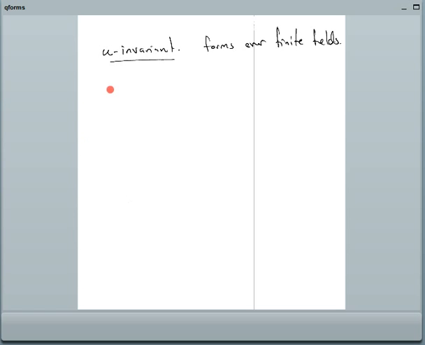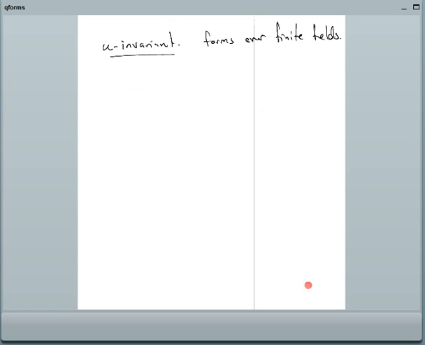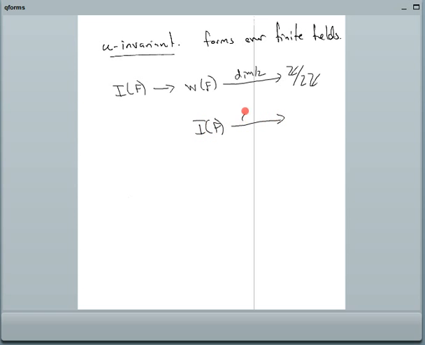So, taken together, what's the structure of what we have so far? You have this map, W of F goes to Z mod 2Z. This is the dimension mod 2. Its kernel is called the fundamental ideal, I of F. Then the fundamental ideal maps by the discriminant to F star mod F star squared.